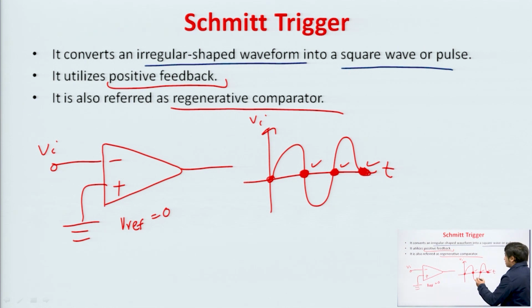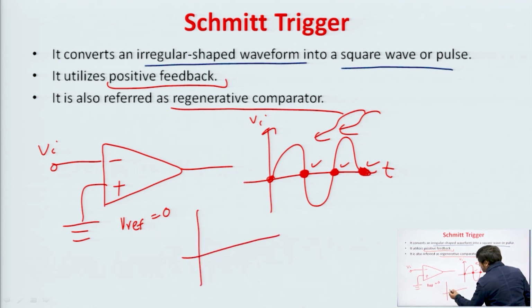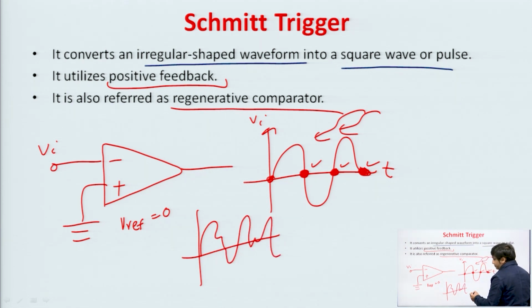So, the issue is that in zero crossing detector, when the noise is added, then the input signal may become like this. So, you can see that at the 0 point, now this input is crossing this time axis multiple times.